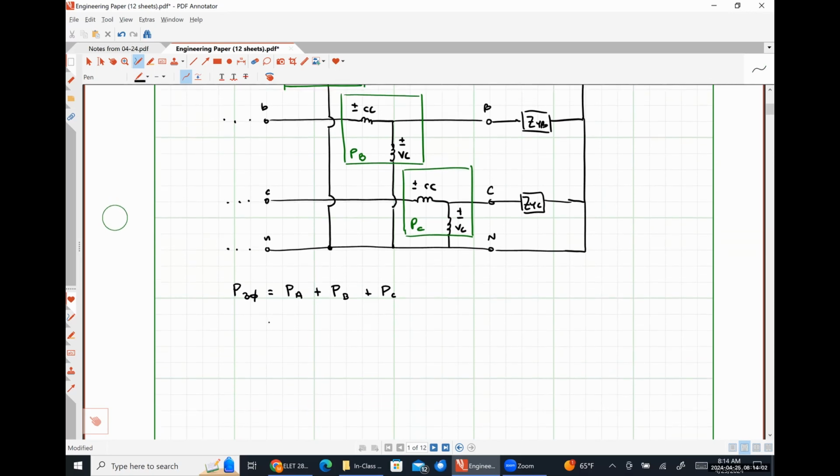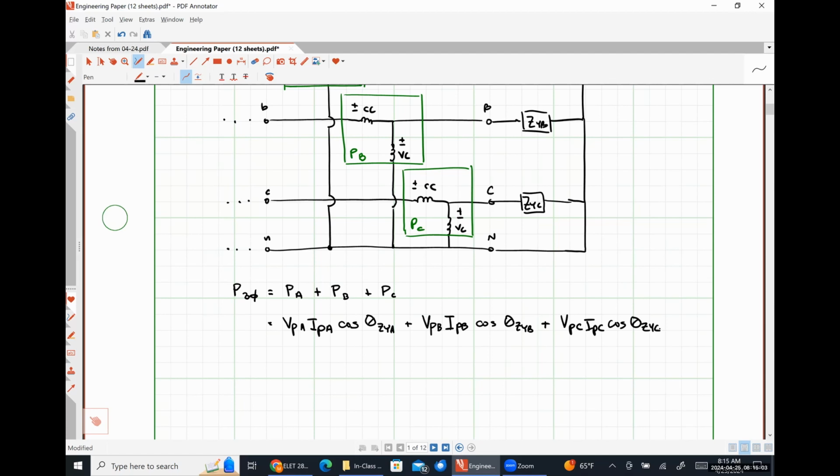And what the wattmeter is really reading is the phase voltage magnitude of phase A. Let me do this as a capital letter since it's across the load, times the phase current of the A phase times the cosine of theta ZYA, plus the phase voltage for the B phase, the phase current of the B phase, cosine theta ZYB, plus VPC IPC cosine theta ZYC, right?